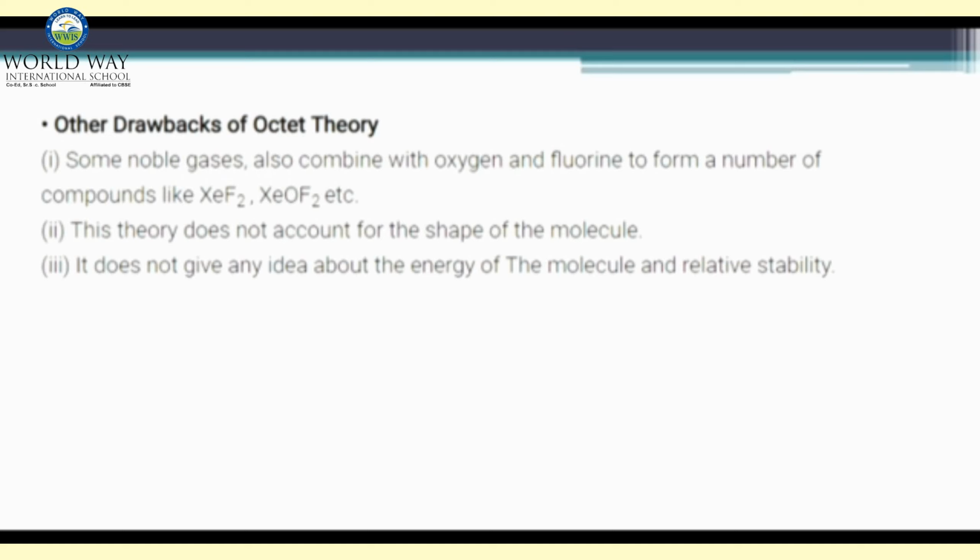There are additional drawbacks of the octet theory. Some noble gases also combine with oxygen and fluorine to form compounds like xenon fluoride, xenon oxyfluoride, etc. This theory also does not explain the shape of the molecule, and it does not give any explanation about the geometry of the molecule.